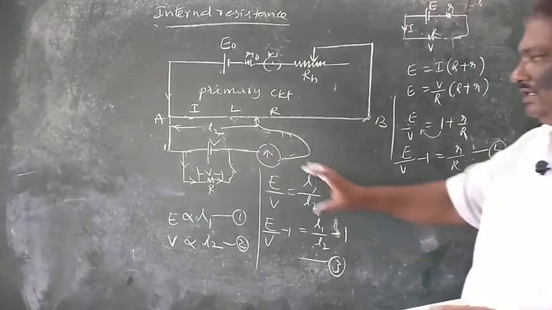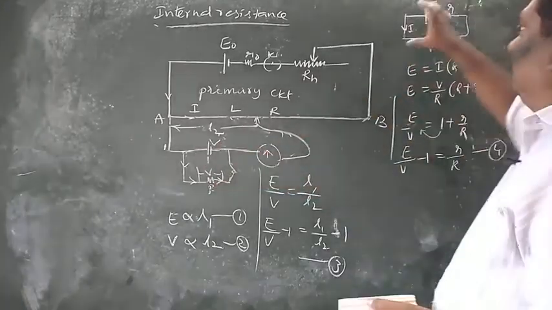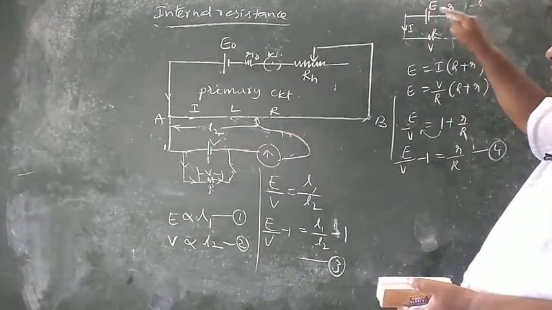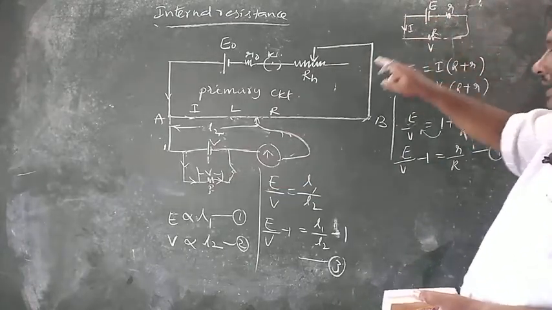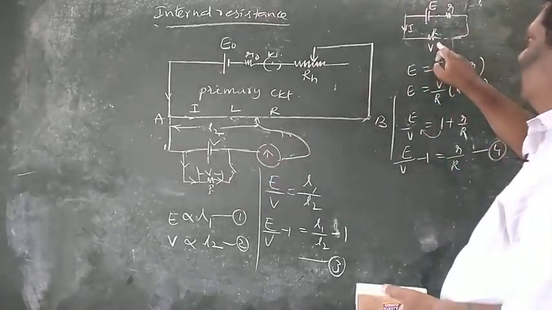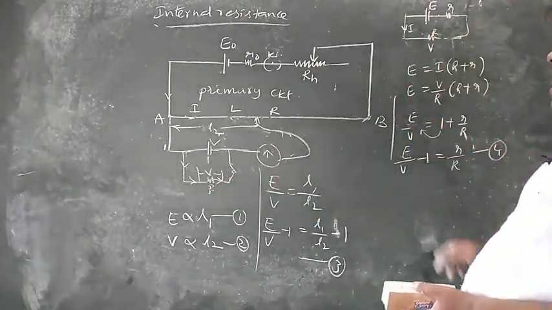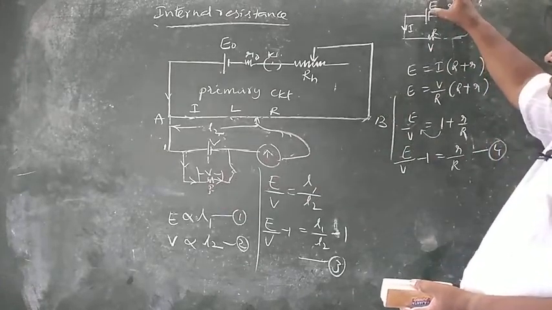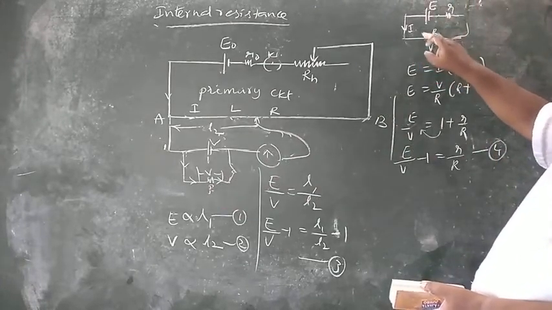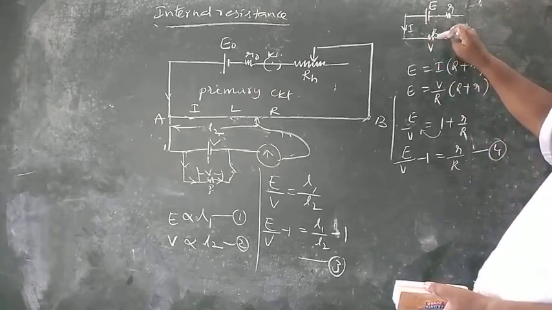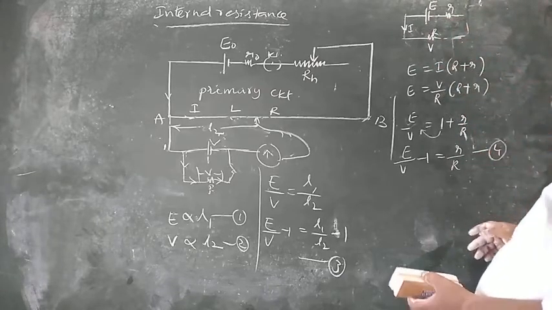So this cell is here, the circuit is magnified, some internal resistance is present that we want to find, and here is the external resistance capital R. Across this, V voltage is present. So total EMF is equal to total current into total resistance. I is written as voltage by resistance.